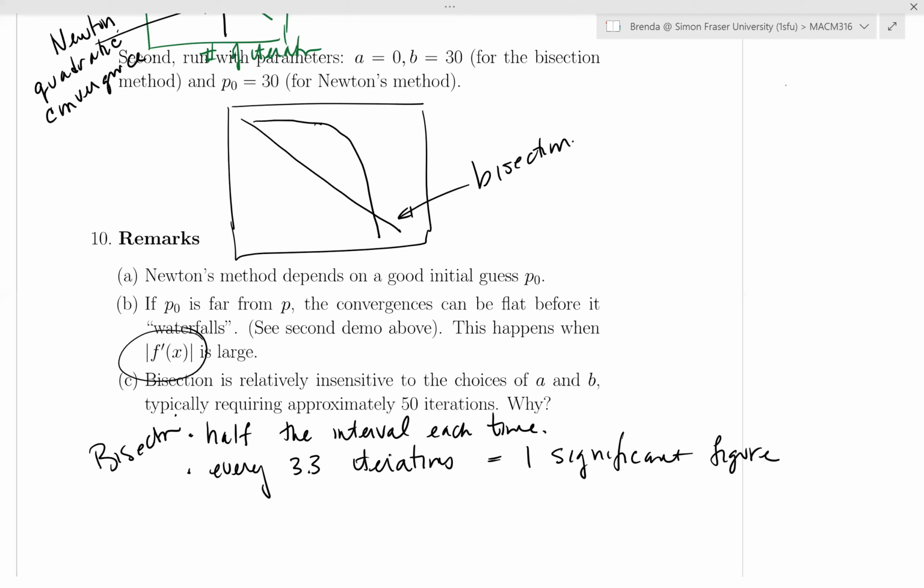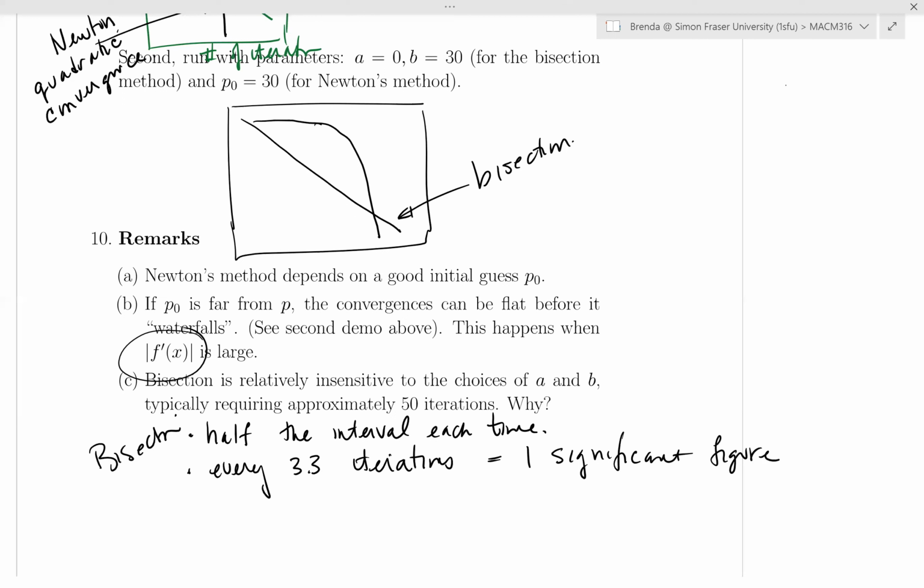So if you accidentally start with twice the size interval, you only need one iteration to catch back up, right? It's a happy problem. So that's the bisection. You typically can get to machine epsilon in approximately 50 iterations.